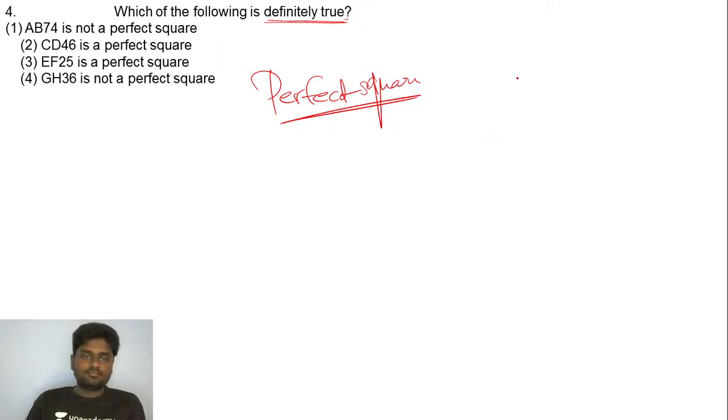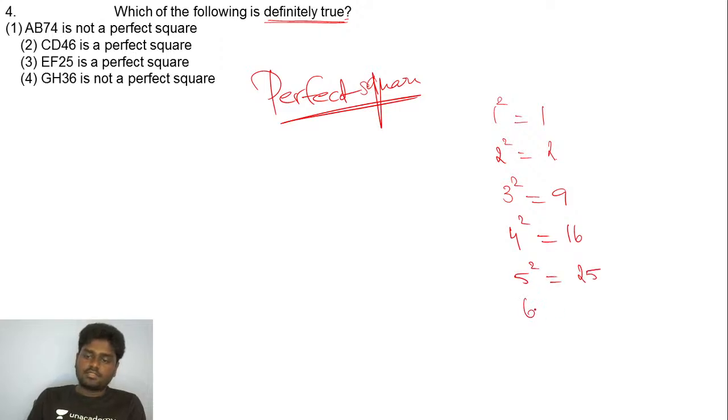I know the fact that 1 square is 1, 2 square is 4, 3 square is 9, 4 square is 16, 5 square is 25, 6 square is 36, 7 square is 49, 8 square is 64, and 9 square is 81.